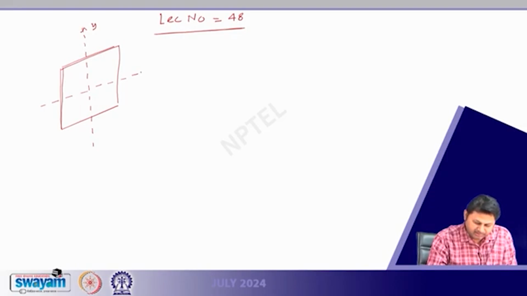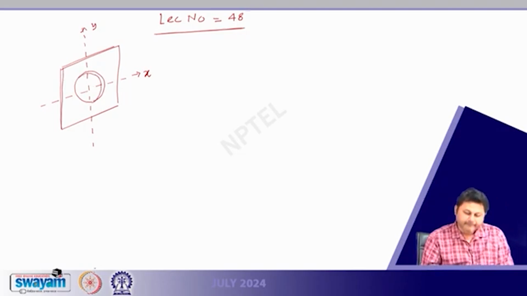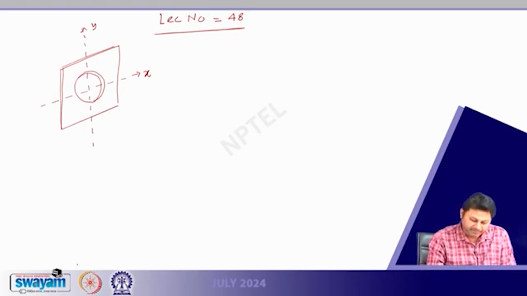So this is x small, y small, and here we have the aperture. This aperture has a specific shape and is circular in nature, so some sort of symmetry we can expect from this problem.